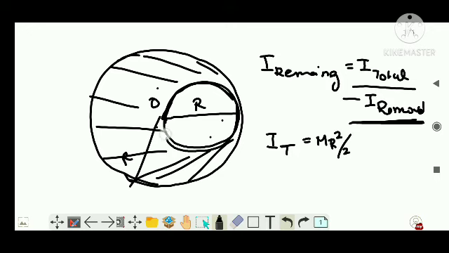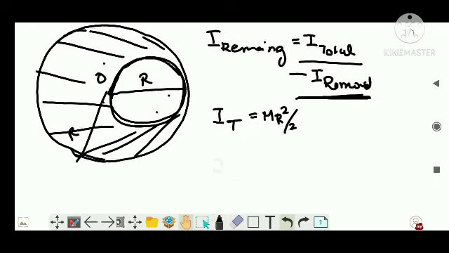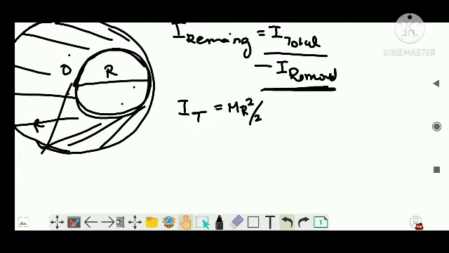If you want to find the moment of inertia of this hole, you have to know the mass of this removed disk, right? This much part is removed, so you have to know the removed disk's mass. Let us say that capital M is the mass of the entire disk, from where the portion is not removed.